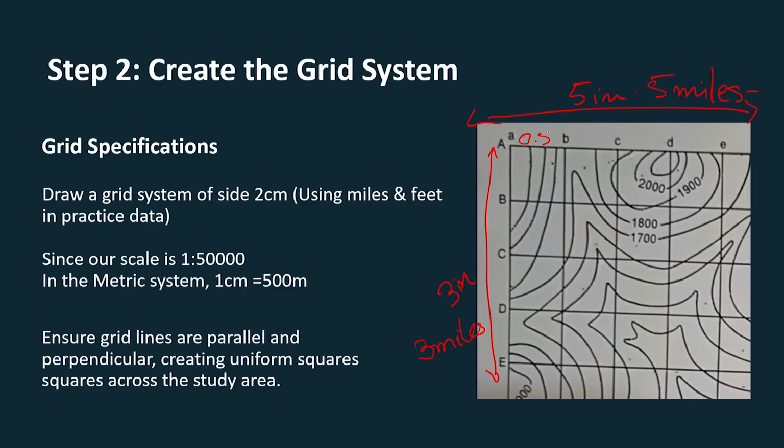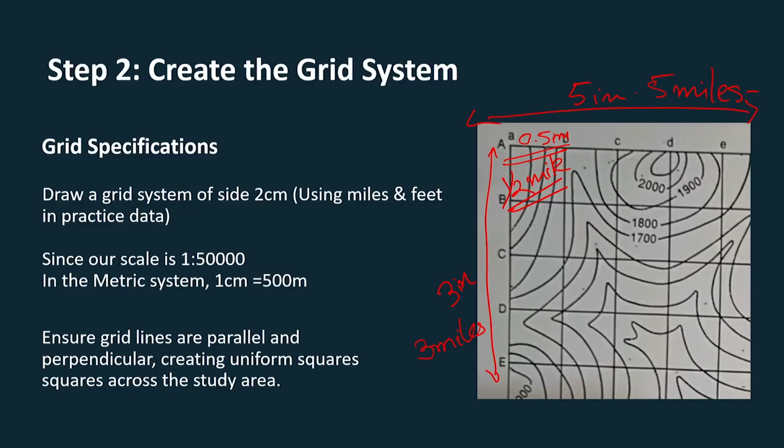This is 0.5 inches, meaning this is half a mile on the real ground. If your maps use the metric system, please keep in mind, 1 centimeter is half a kilometer on the ground. So, you need to use 2 centimeter sided squares if you are going for a 1 kilometer grid.